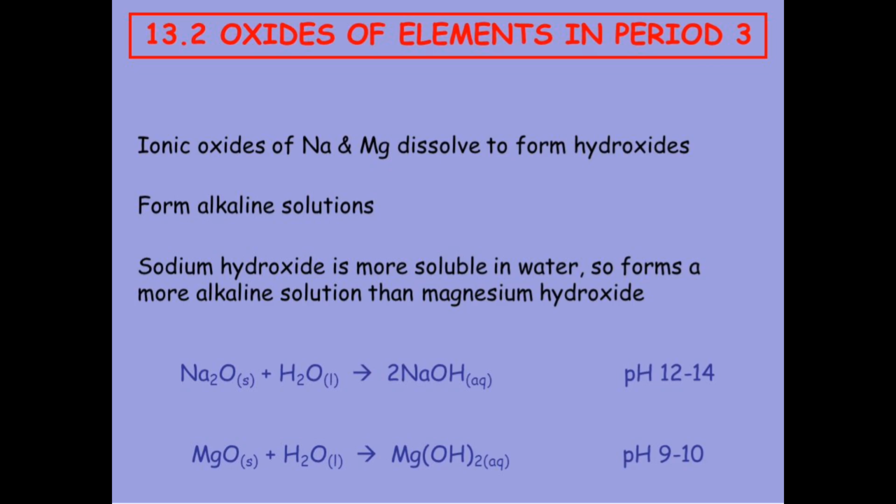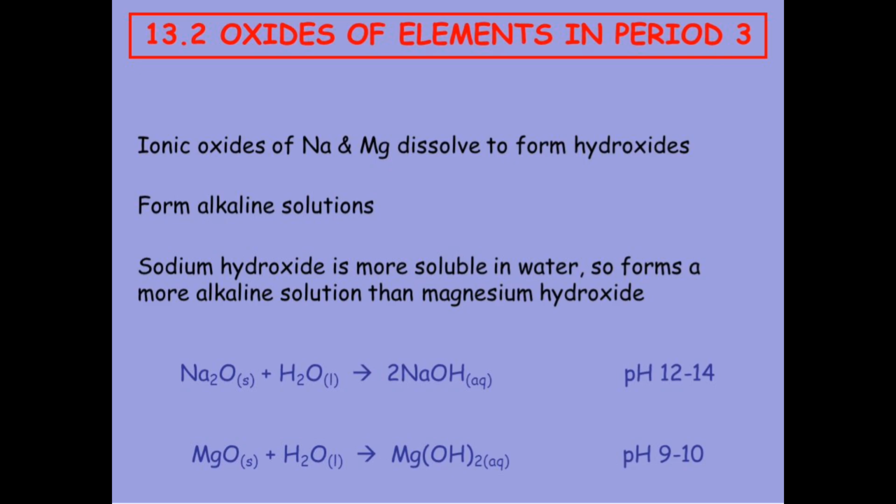The ionic oxides of potassium, sodium, magnesium, and calcium dissolve to form hydroxide, or form what is called an alkaline solution. For instance, sodium oxide would dissolve in water to form sodium hydroxide with a pH of 12 to 14, which is strongly alkaline.